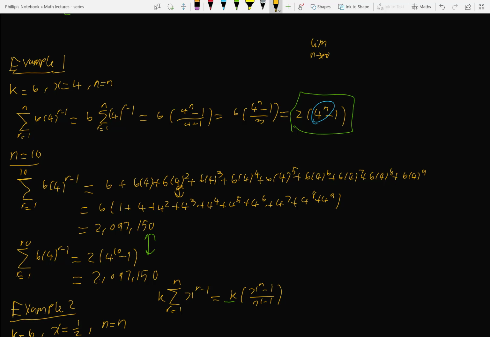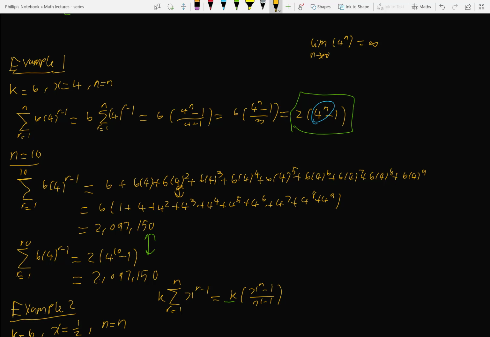In this case, we're going to look at what 4 to the n tends to as n tends to infinity. Well, it doesn't tend to anything. It's equal to infinity, really. So you can't say the sum equals a number. Do you know what I mean? So this is not defined. Only convergent infinite series are defined.